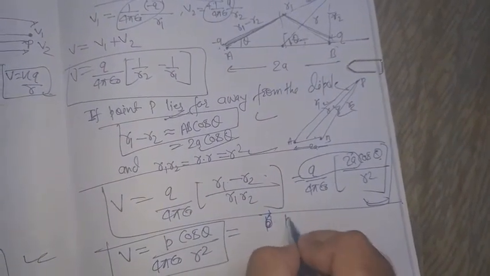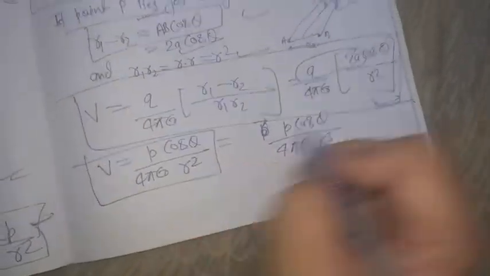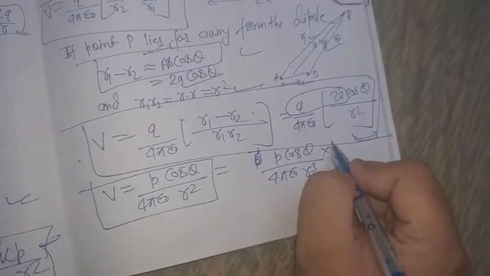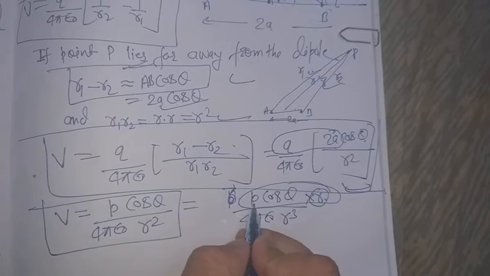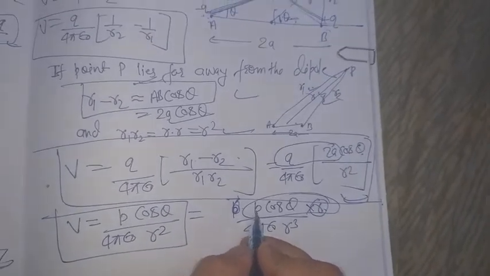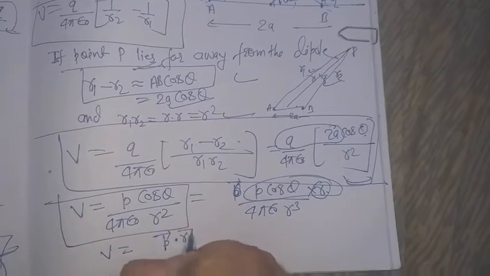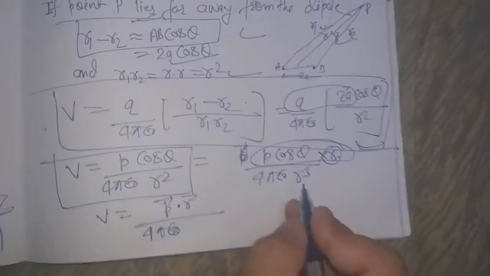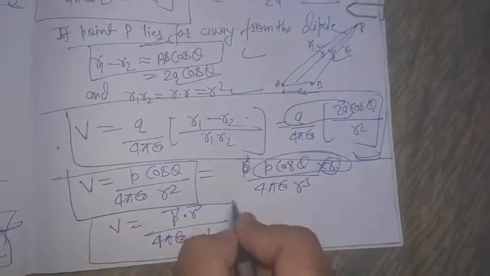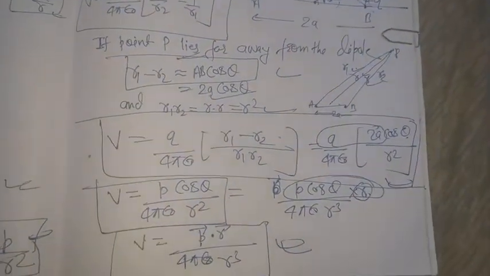Suppose we multiply and divide by r, so p r cos theta upon 4 pi epsilon naught r cube. Cos theta comes in which product? The dot product. And as we know, p is a vector quantity and r is also a vector quantity, the displacement. So this becomes p dot r upon 4 pi epsilon naught r cube. So that is the vector form of this formula.